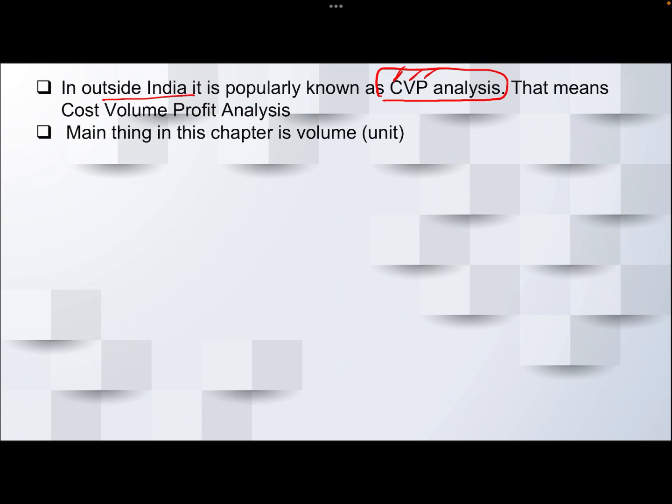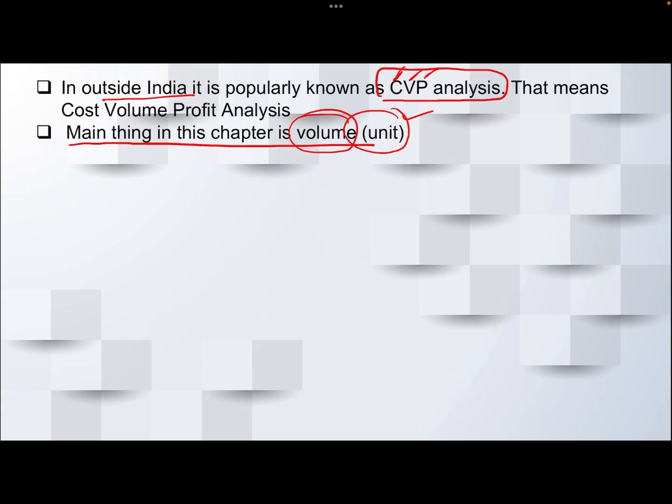The main thing in this chapter is volume, which means the number of units to be produced. We can sum up: popularly, this concept of marginal costing is known as CVP analysis in outside India, maybe in USA, UK.